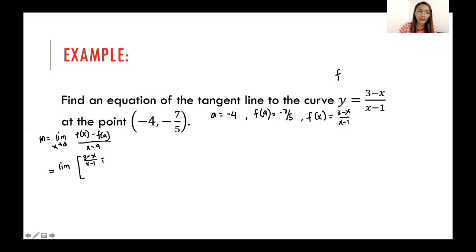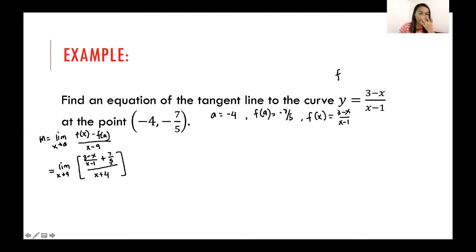So, since negative yan, negative times negative is positive. So, we have plus 7 over 5, over x minus our a, which is negative 4. So, negative times negative is positive, so plus 4 siya, as x approaches, what is our a? -4.